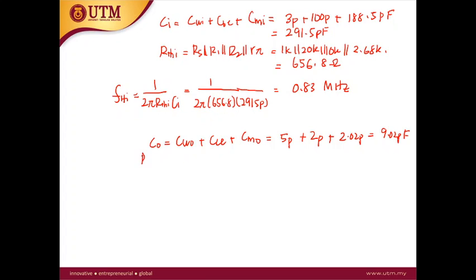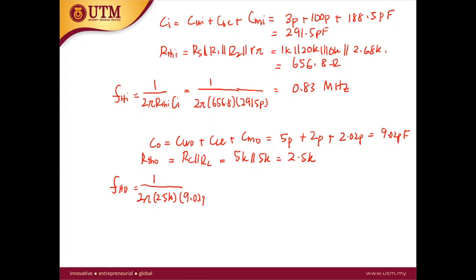The RTHO is RC parallel with RL, so 5K parallel with 5K equals 2.5K. Now the FHO is 1 over 2 pi times 2.5K times 9.02 pico. This calculation will give you 7.1 megahertz.